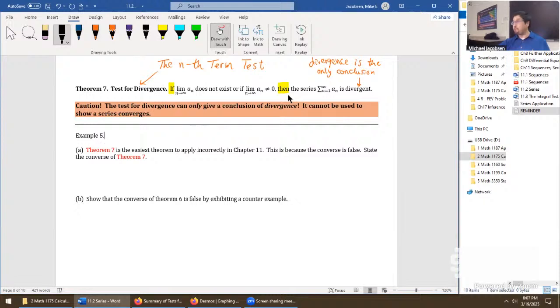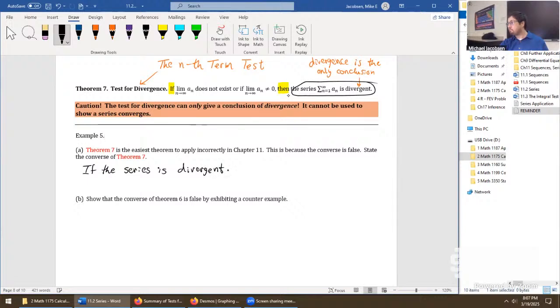The converse to this statement would say, start right here. If the series is divergent, excuse me, let me change that around. Yeah, divergent is what I wanted. Then we would read out this part of the statement.